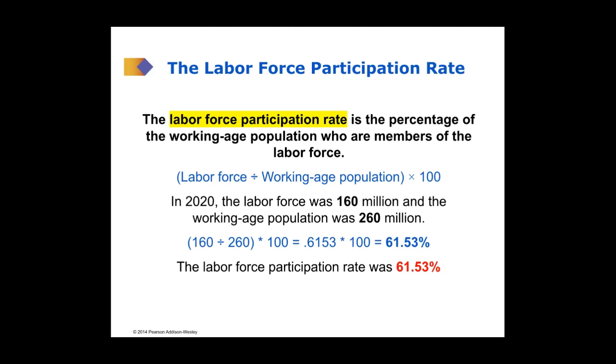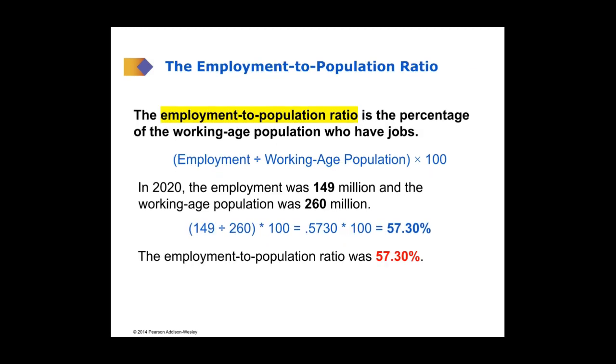So of the people in the working age population, 61.5% of them were in the labor force. It's just another way to measure our utilization of labor resources. You can see these last two, the labor force participation rate and the employment to population ratio, are broader measures that try to capture a larger picture of the employment landscape.